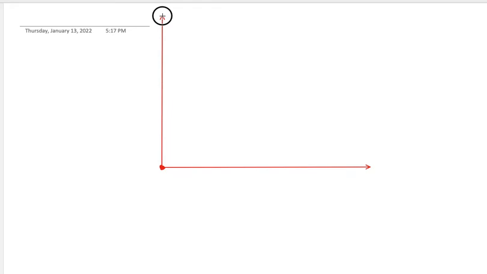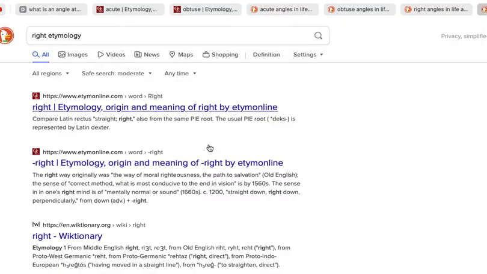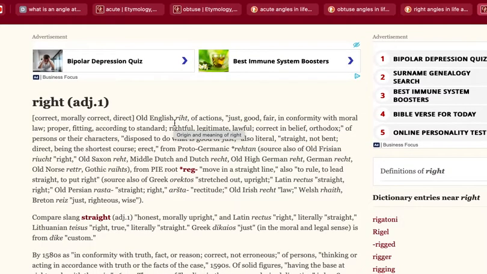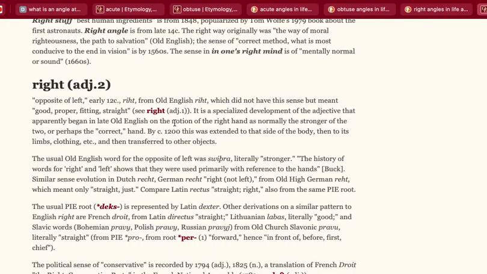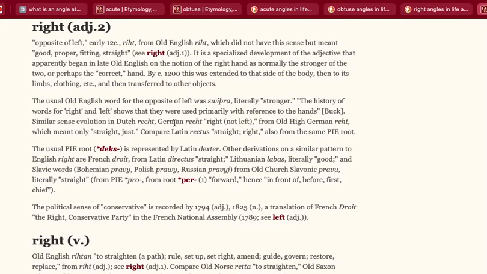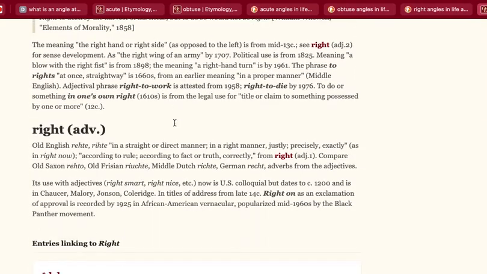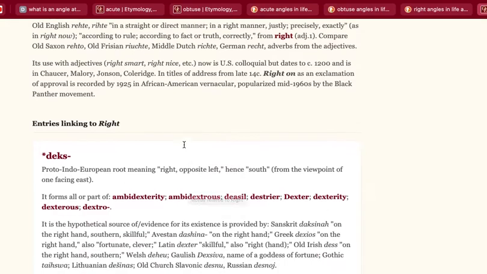And of course, the right angle, which is the corner, is made by using perpendicular lines. And let's see what we can find out about what that means. That's called the etymology. That's what the word means. So the word right, as an angle, probably is not really going to come up as much as the word right in English, like I was right when we were arguing.